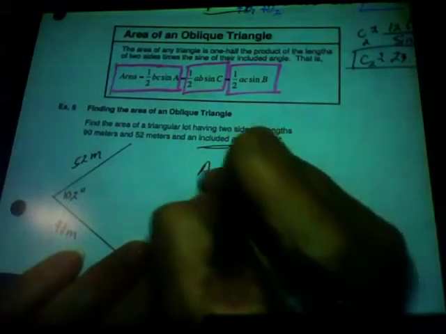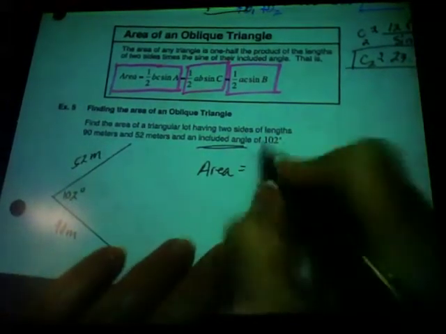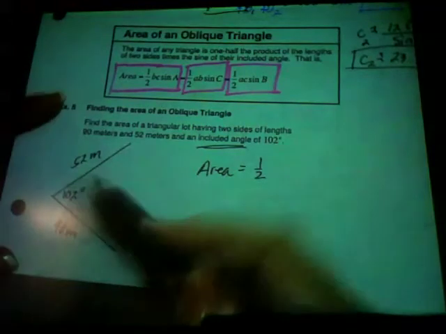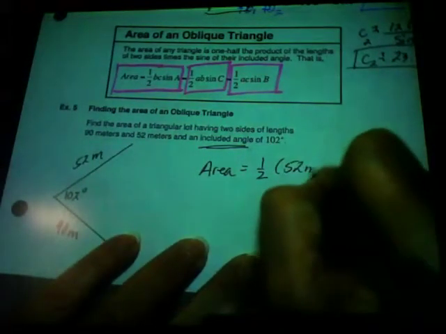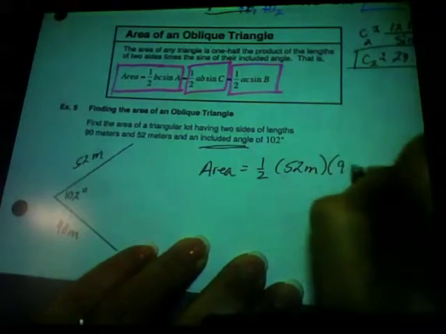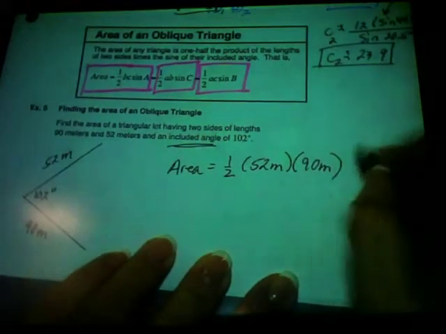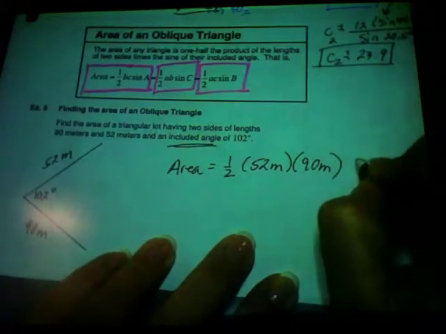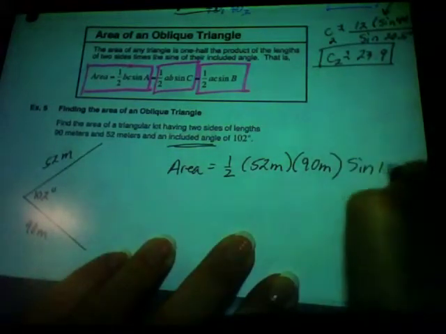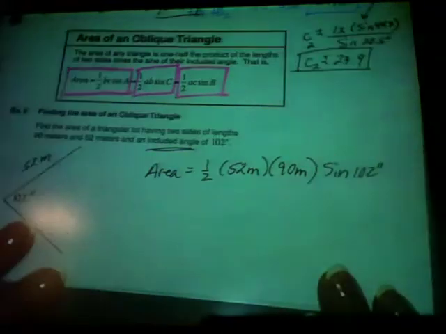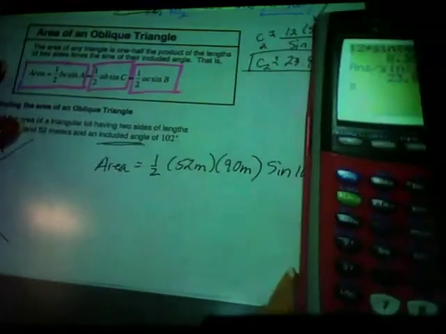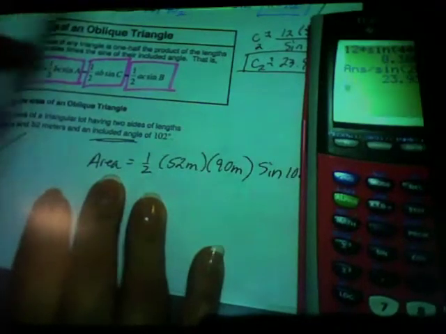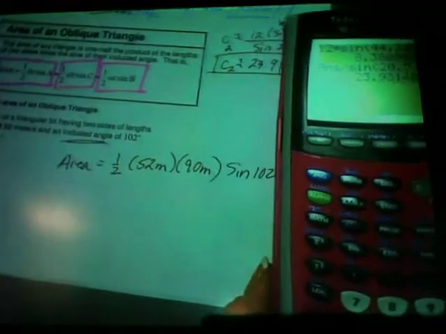To find the area, aren't I going to take 1/2? I'm going to take my two side lengths that they give me, in this case 52 meters times 90 meters, and multiply that by the sine of the included angle, and the angle is 102. And I'm going to put all of that in my calculator. You can use 0.5 for 1/2 if you prefer, which if I were you, I probably would do.